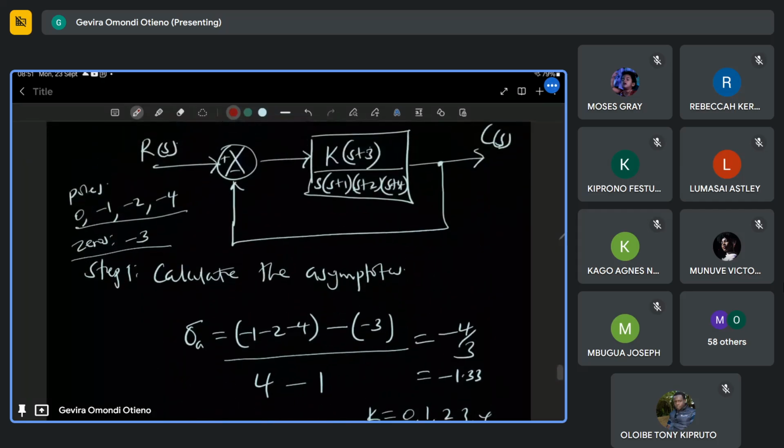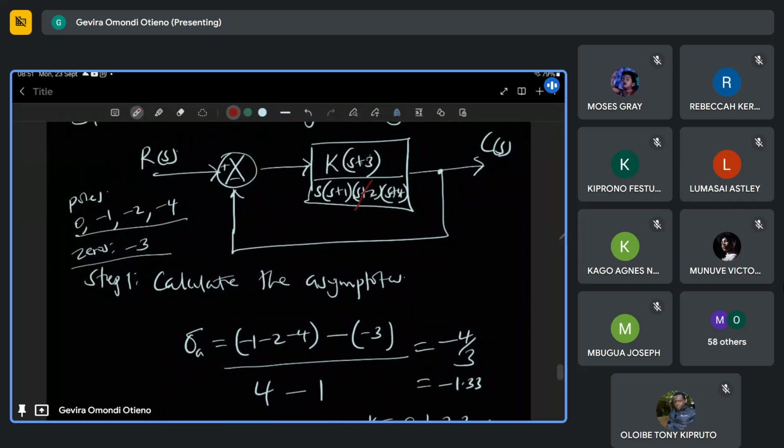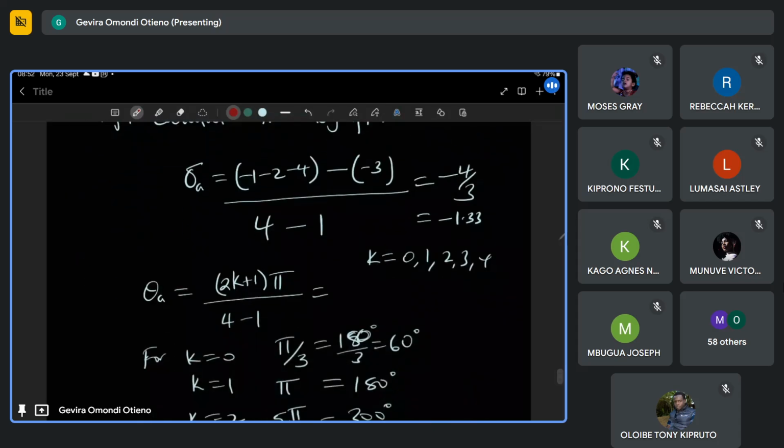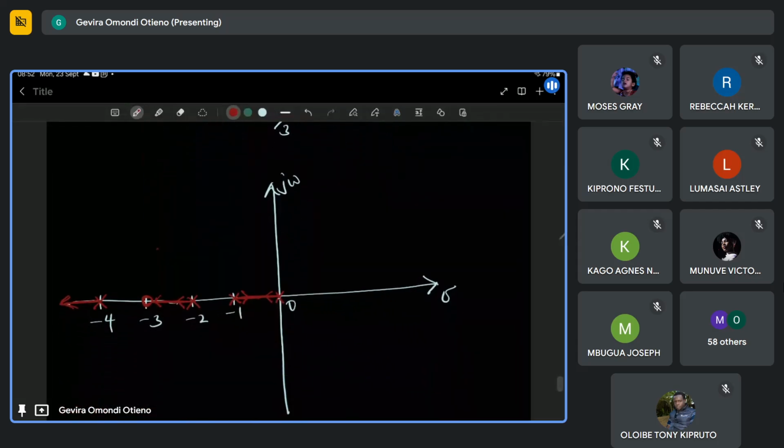So this one and this one are sorted. So what remains is we must determine where the pole at the origin, at -1 and -4, where they terminate. Where are their zeros? Their zeros are at infinity, but we don't know exactly where at infinity.